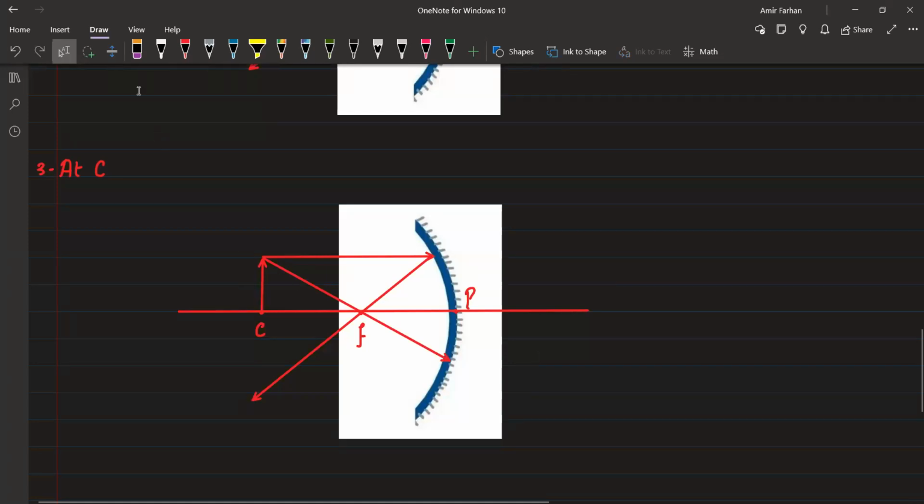Okay, never mind, we won't take this one, let's take the pole case. Don't worry. You can also take this pole case, that is, the ray passing through the pole. I'm trying to be symmetrical because this is the topic in which symmetry matters, else your image will not be formed properly.